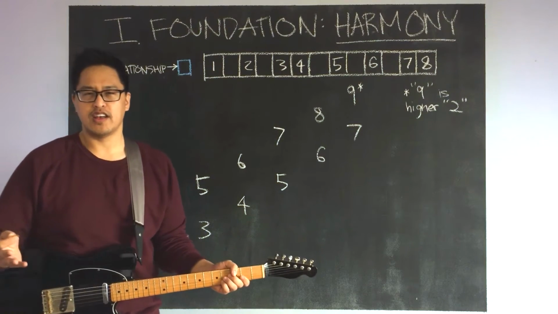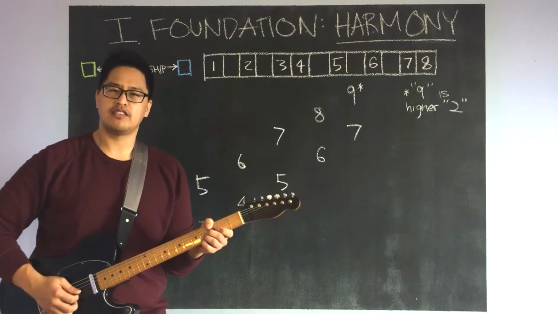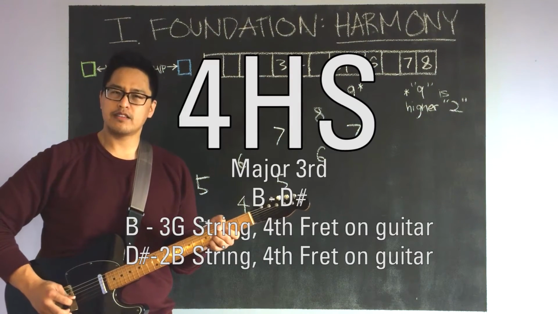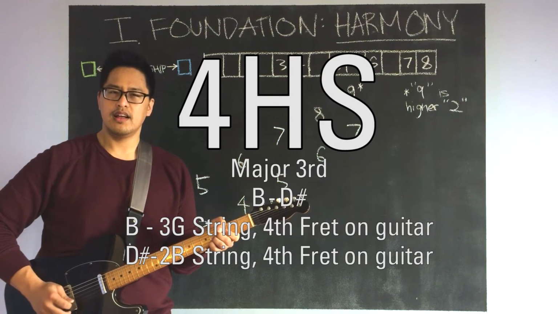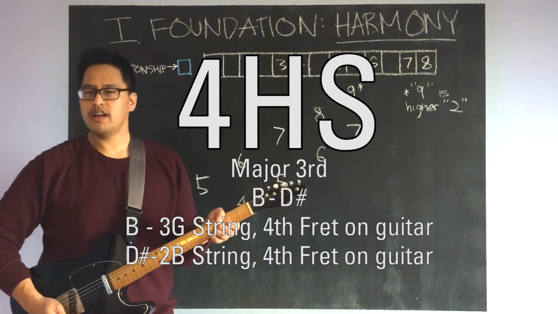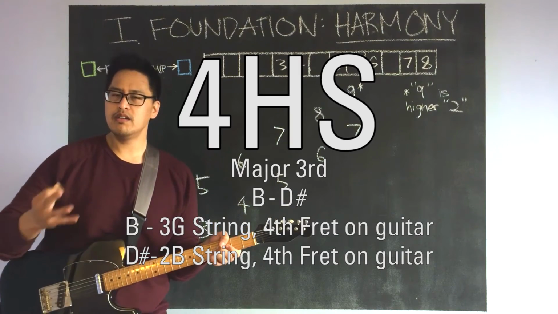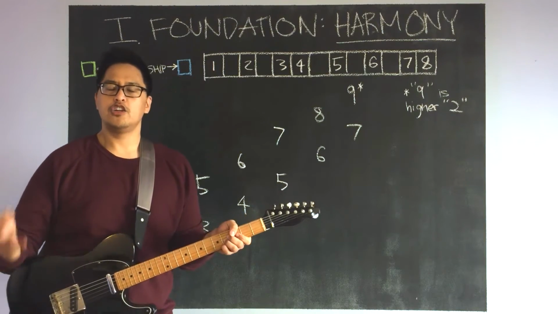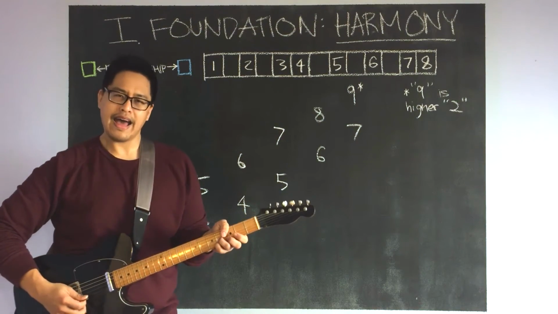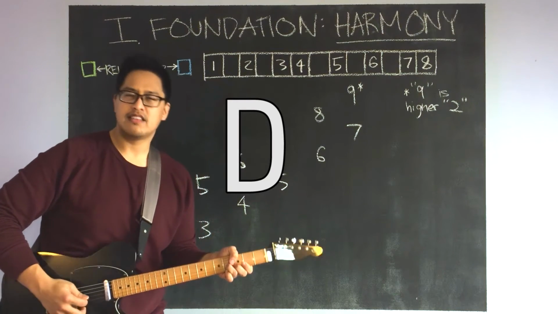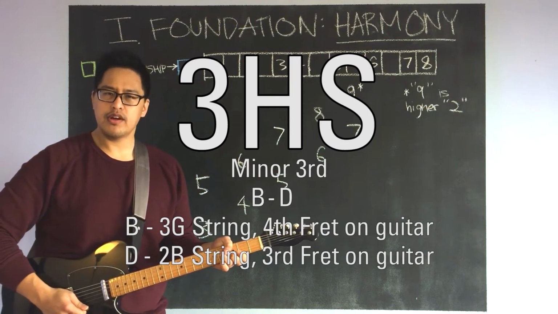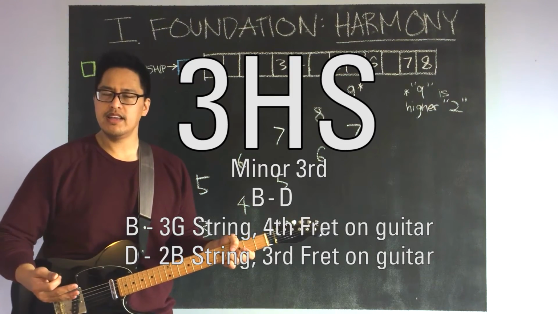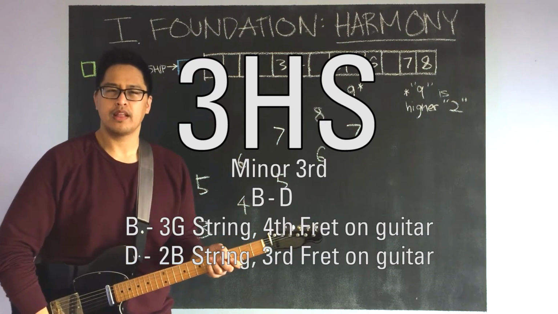You can try it yourself by playing a major third starting on this B, and then there's the major third note that makes it a major third, and then drop the upper note by a half step to create a minor third starting on B.